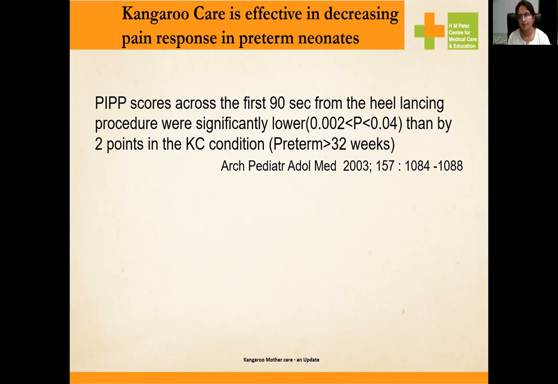So if we are doing any painful procedure for the baby while the baby is continuously given kangaroo mother care, the baby will feel less pain and will be more comfortable, especially in preterm babies more than 32 weeks. There are studies which also suggest that the same effect is seen in extremely premature babies as well.